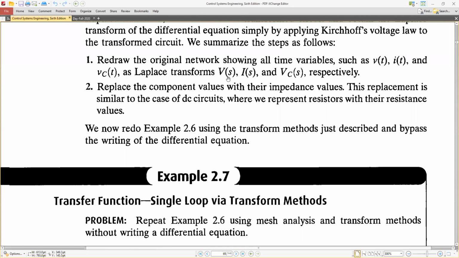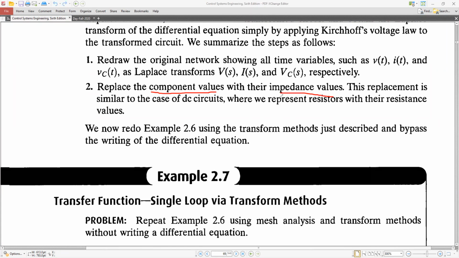Redraw the original network showing all time variables such as v(t), i(t), and vC(t) as Laplace transforms, V(s), I(s), and VC(s) respectively. Replace the component values with their impedance values. That is the important part.